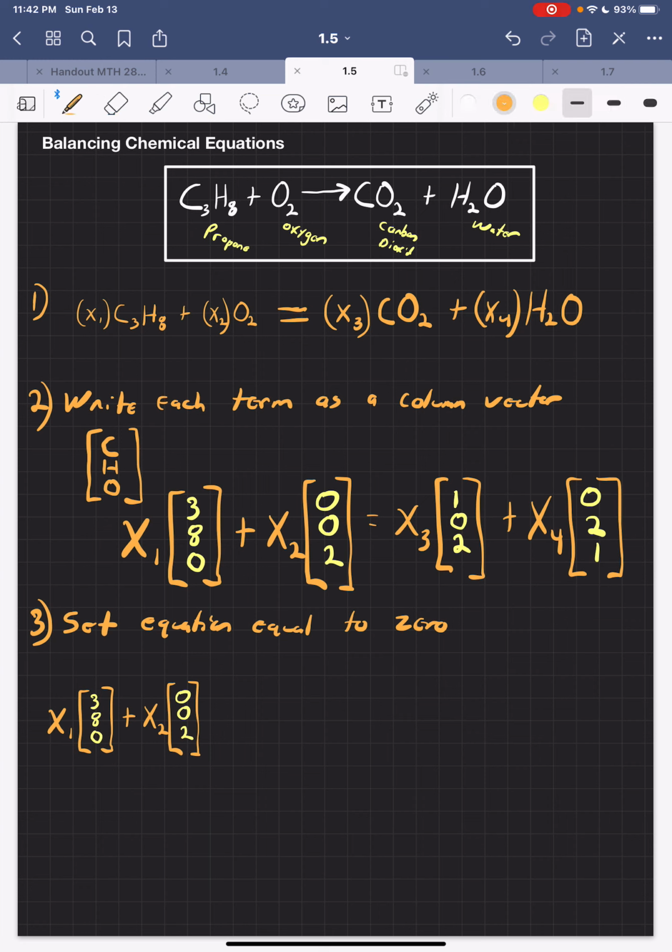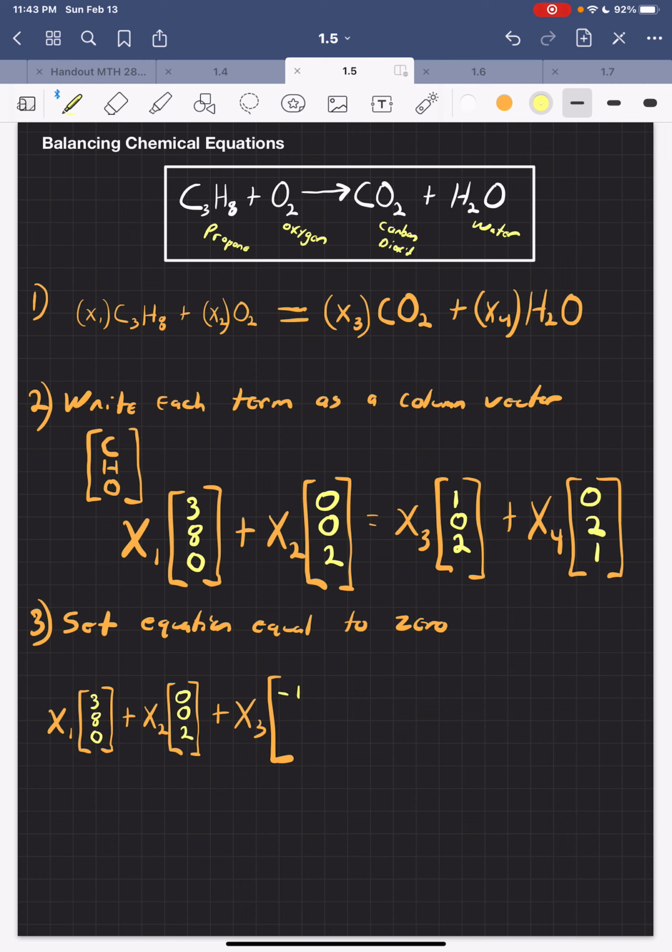So now we're going to bring this x sub 3 term to the left side of the equation. And again, we're going to change our signs, but the signs are going to be changed inside of the vector. So plus x sub 3, and now instead of 1, it's going to be negative 1.